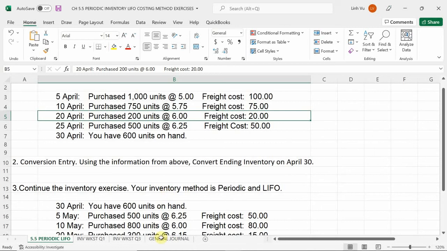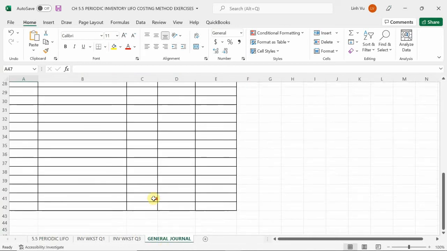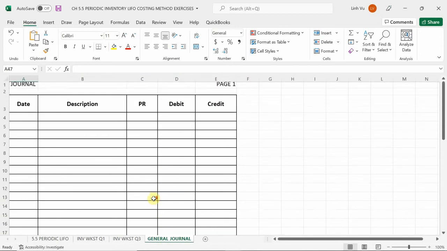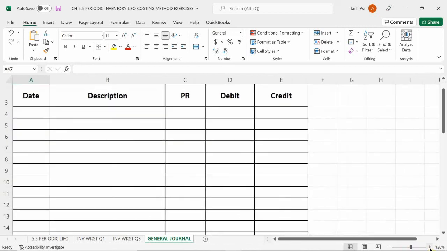I believe for your first one, I had you practice journalizing. In this case, let's go ahead and practice journalizing the first section, so you get familiarized with how to journalize something and then post it to your inventory worksheet.